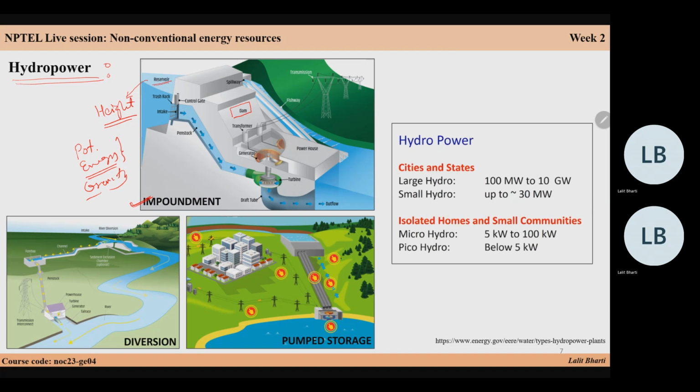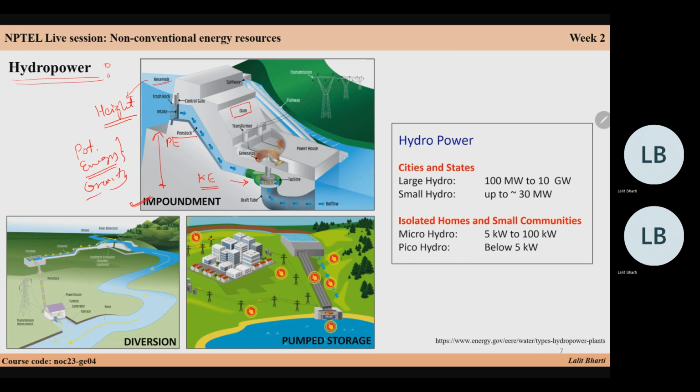We use this energy to drive the turbine. So basically, there is a penstock. Penstock is the way through which the water comes in from the height, and its potential energy turns into kinetic energy, and this kinetic energy is used to move the turbine.